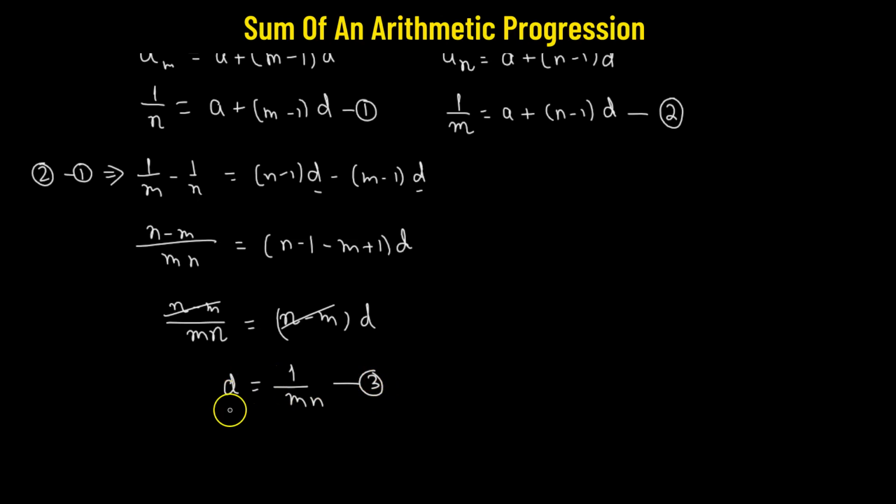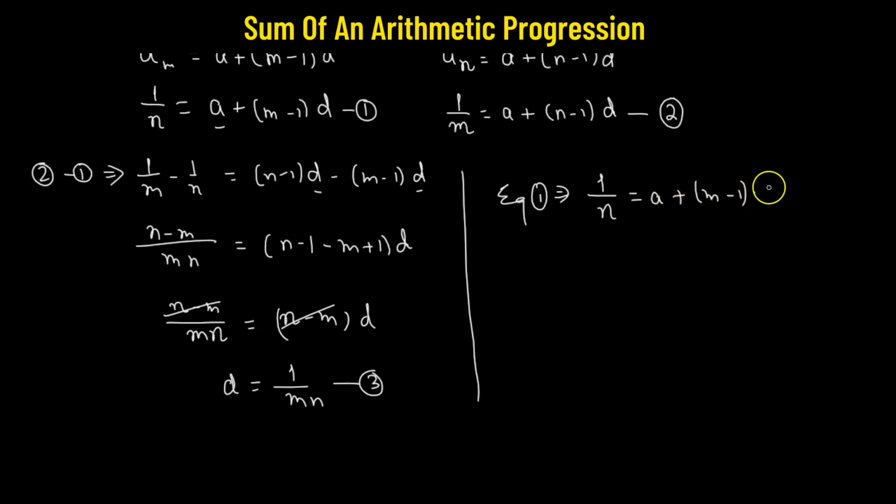So now that we have the value of the common difference, we can also use it to obtain the value of our first term a. You can use either equation 1 or equation 2. Let's use equation number 1. So we have 1 over n equals a plus m minus 1 times the common difference, which is 1 over mn.